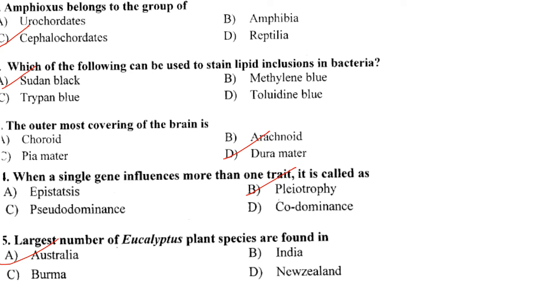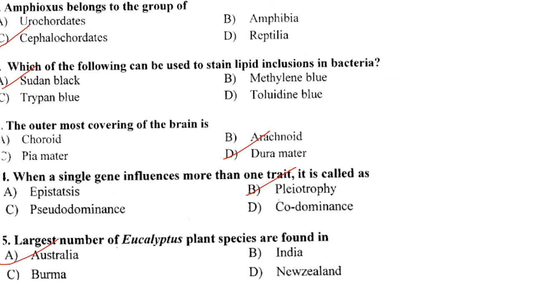Pseudodominance is the situation in which the inheritance of a recessive trait mimics a dominant pattern. And codominance means that neither allele can mask the expression of other alleles.